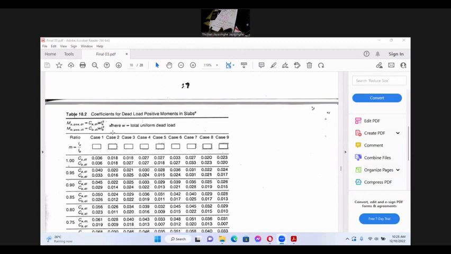So then how are we going to do the reinforcing? If it is unbonded tendons, you will provide 0.2% reinforcement. But if it is bonded tendons, you can provide about 0.1% reinforcement.